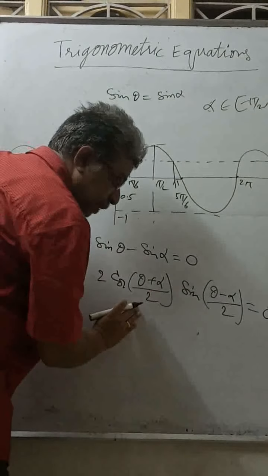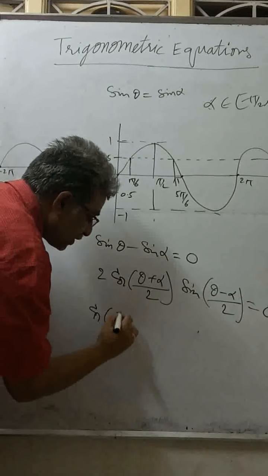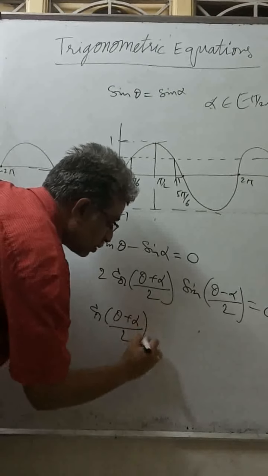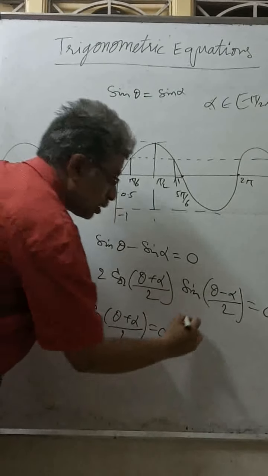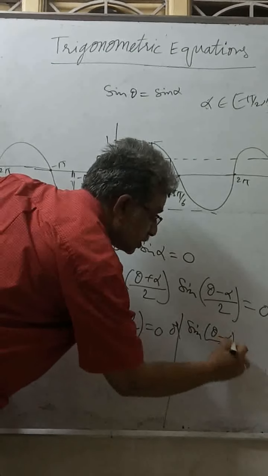So either this part is 0 or this part is 0. So cos of (theta plus alpha) by 2 equal to 0 or sin of (theta minus alpha) by 2 equal to 0.